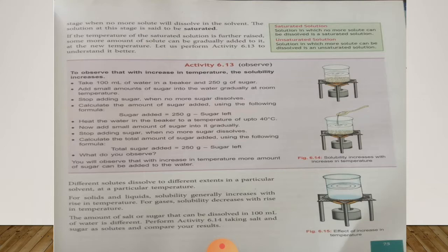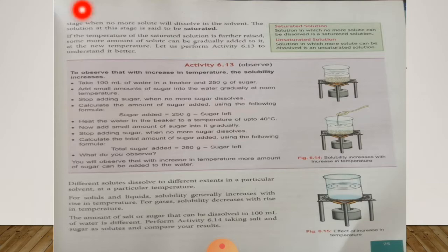So, if a small amount of solute is continuously added to the solvent, keeping the temperature fixed, a situation occurs when the solute stops dissolving in the solvent. This condition is called saturation of solution.